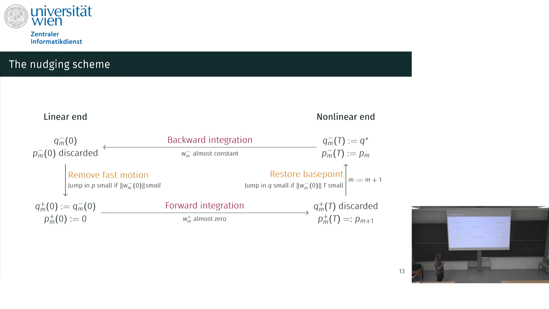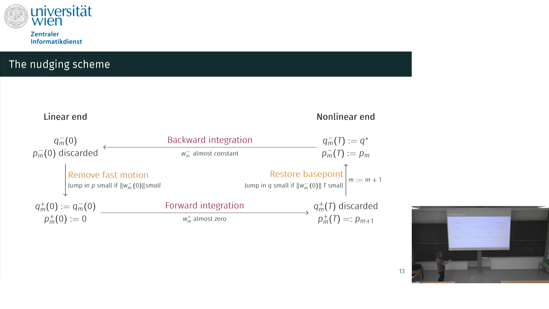So let's say at the linear end, the p variables are the fast ones, linearly exactly, so they need to be discarded and set to 0, where the q variables are simply kept. Then the forward integration: the p variables, which should emerge as the slave variables, are kept, and q is reset to the target q.